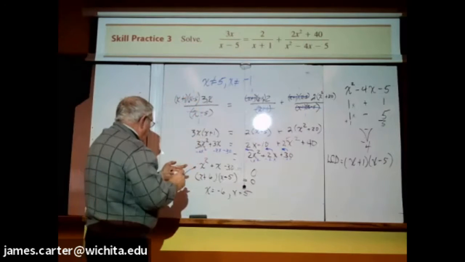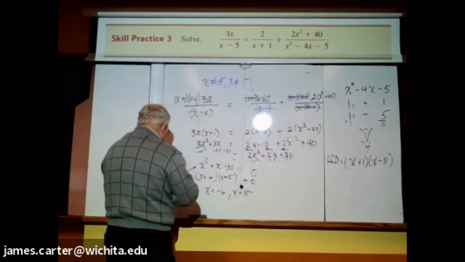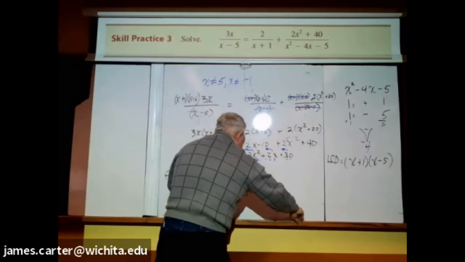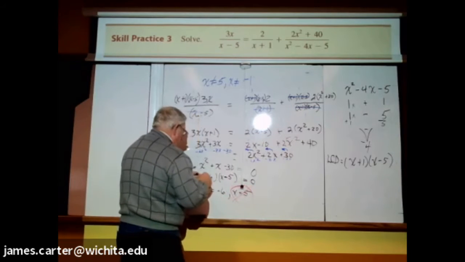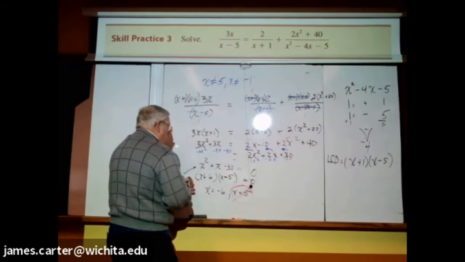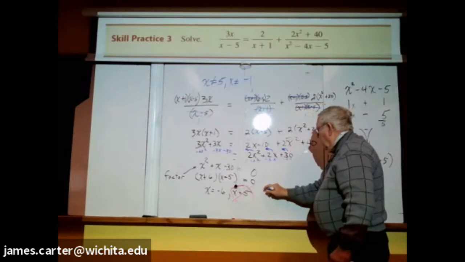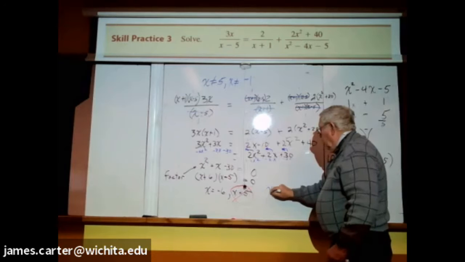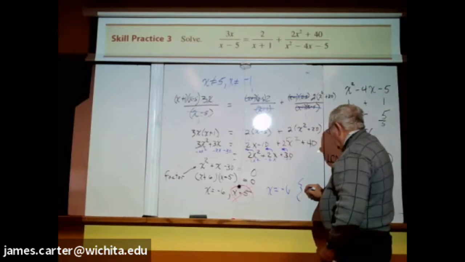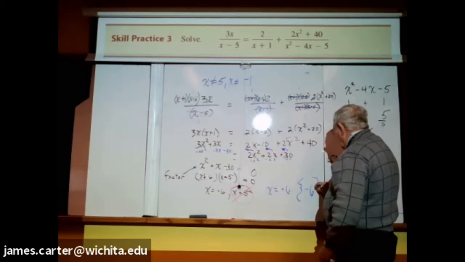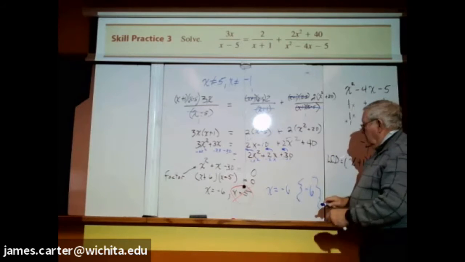So I compare that with what I got here. Here's a positive 5. I can't use that. So that one I eliminate. So my final solution then is x equals negative 6, or in set notation, negative 6. Funny looking braces there. Okay.